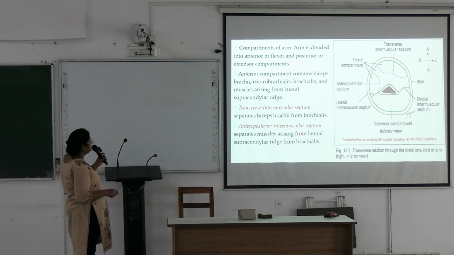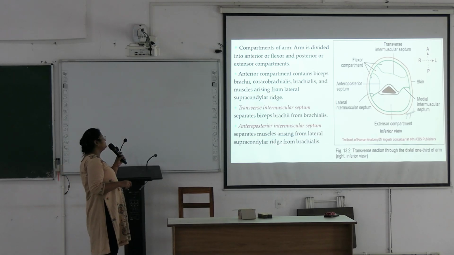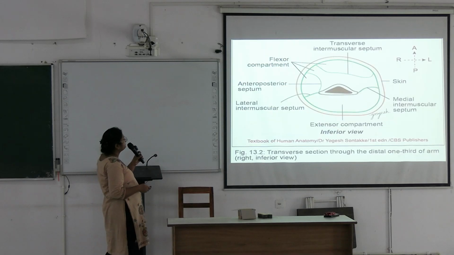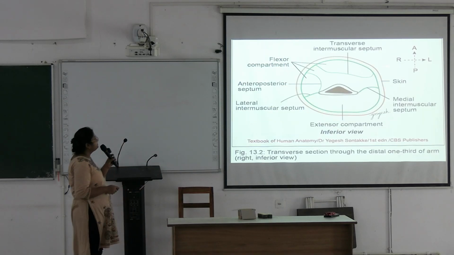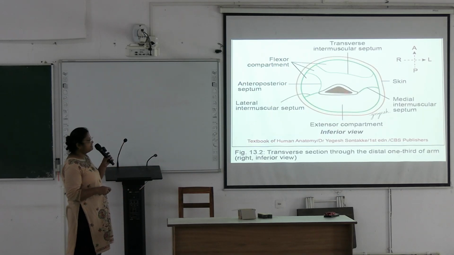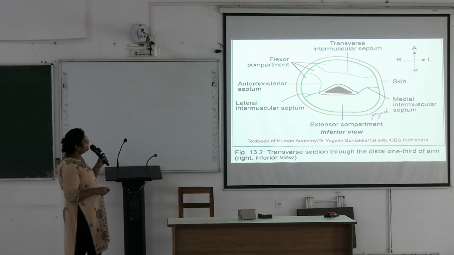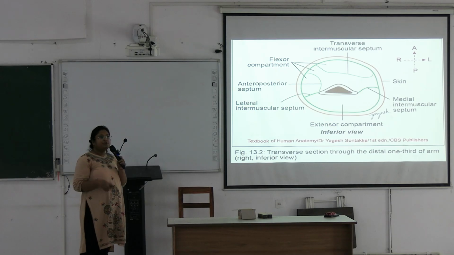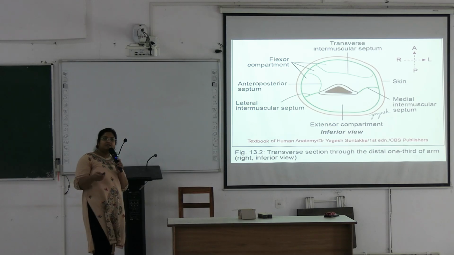And the anteroposterior intermuscular septum separates the muscle arising from the lateral supracondylar ridge from the brachialis. So these are the compartments: flexor compartment, different muscle, extensor compartment. Understood? Separated by this intermuscular septum, medial and lateral intermuscular septum joining with the different supracondylar regions.